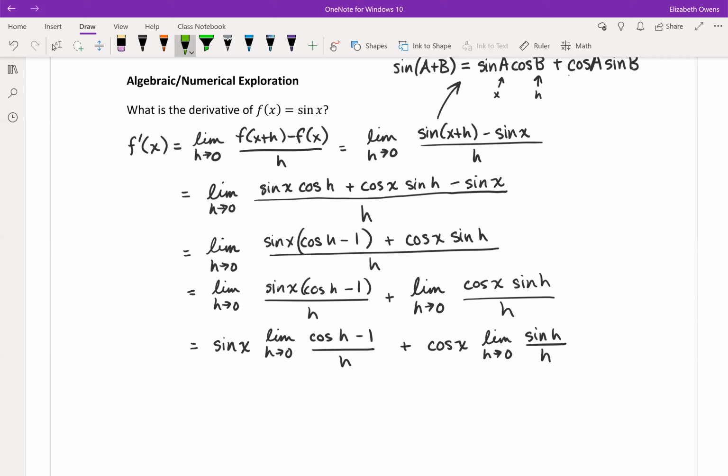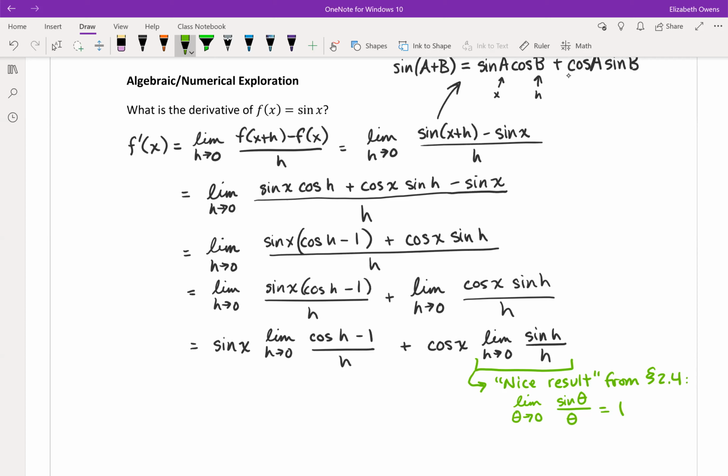Now, to bring up an old nice result that we've seen. This right here, we encountered earlier in this class. This is the nice result from section 2.4. In 2.4, that used an angle theta instead of h, but the limit as theta approached 0 of sine theta over theta equals 1.